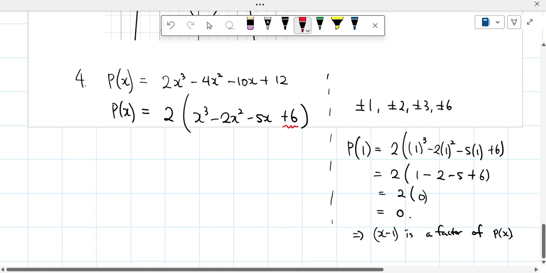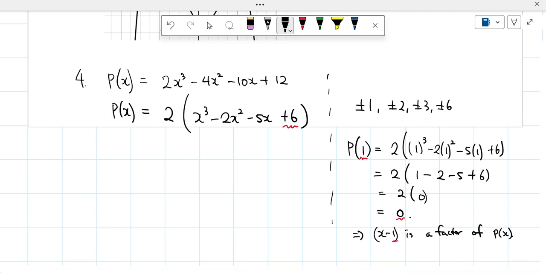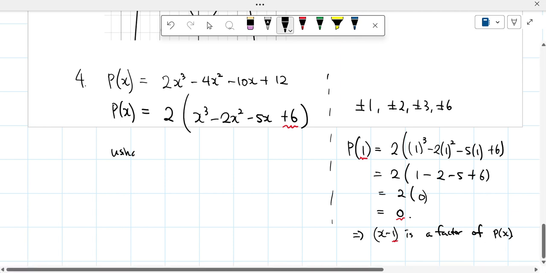Plugging in 1 and getting the result 0 means that x minus 1 is a factor of p of x. So I'll write the process on the main body here using the factor theorem. x minus 1 is a factor of p of x.